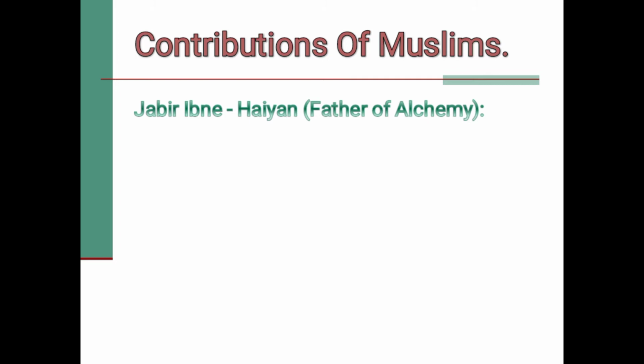Alchemy is a study, or a process, in which scientists want to convert cheap metals into precious metals. It is a process of conversion of ordinary metal into something extraordinary, like into gold. Jabir ibn Hayyan was known as the father of alchemy.